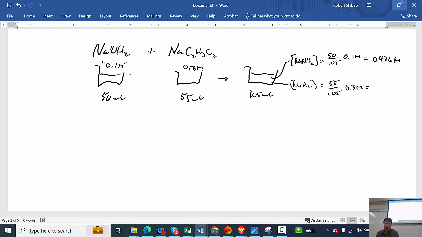This is going to come out to 0.157. This I call step 1. What's next? For your strongest base and strongest acid together.